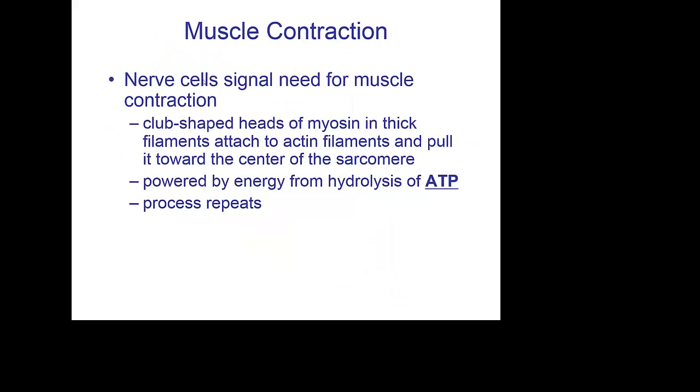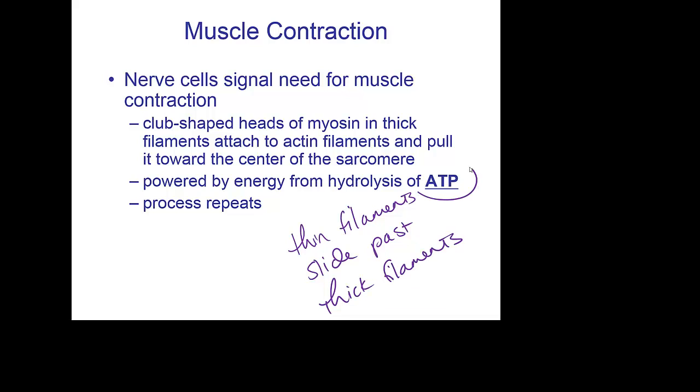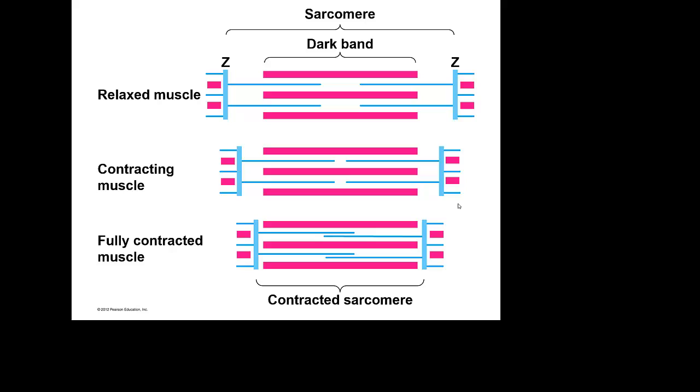We do this, of course, all through ATP. So the sliding filament theory is that the thin filaments are going to slide past the thick filaments, all powered by ATP.